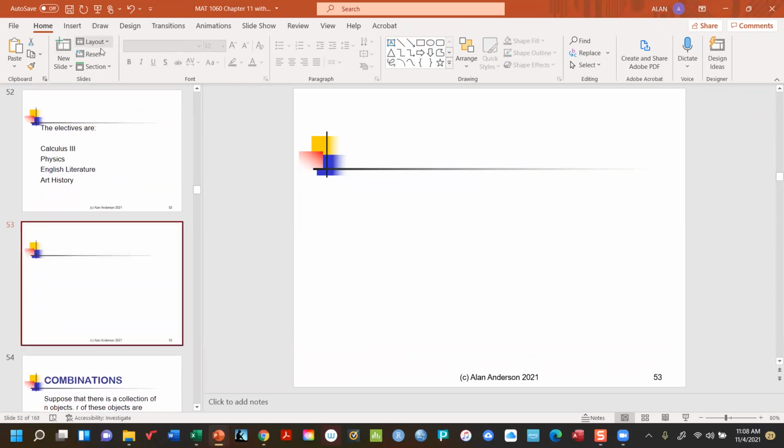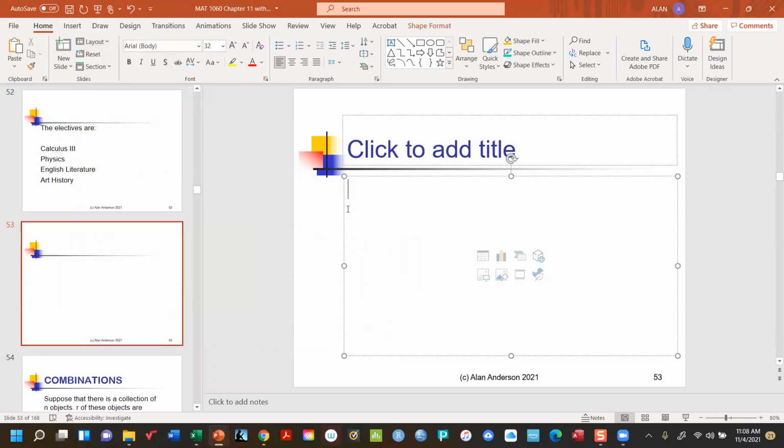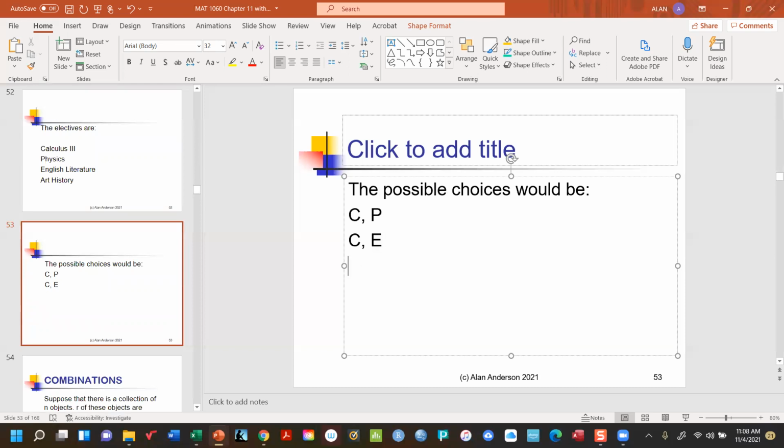Well, the possible choices would therefore be, all right, so remember that the letters are C, P, E, and A. You could take calculus and physics, calculus with English, calculus and art history, physics with English literature, physics with art history, and English with art history.